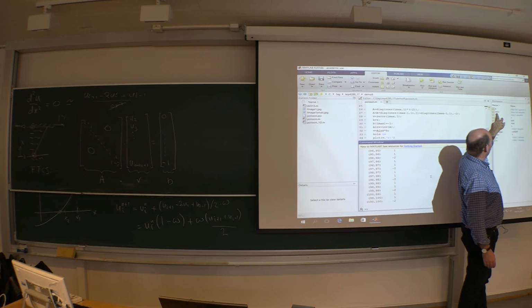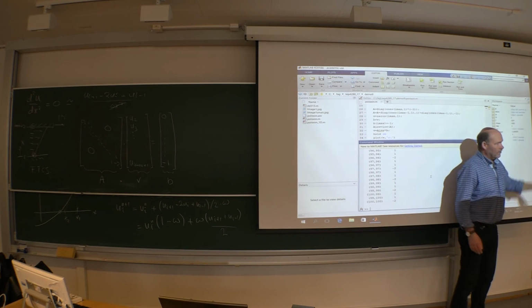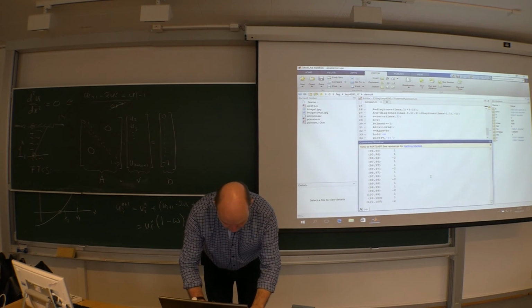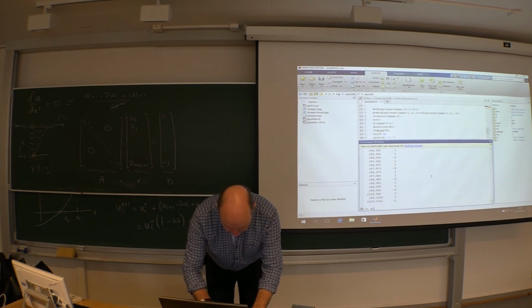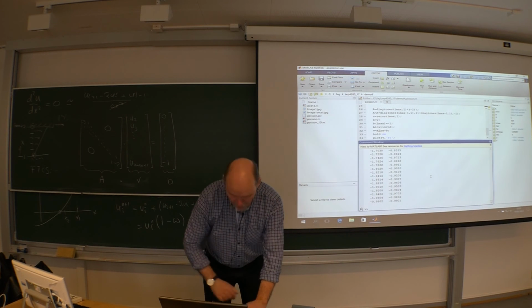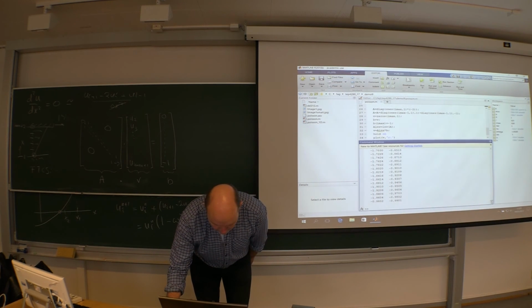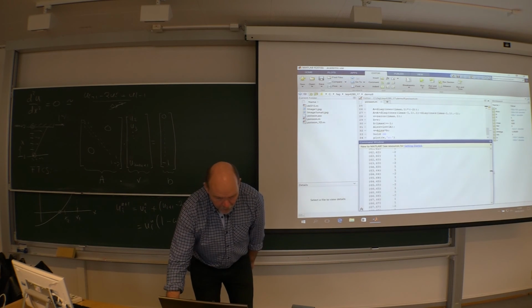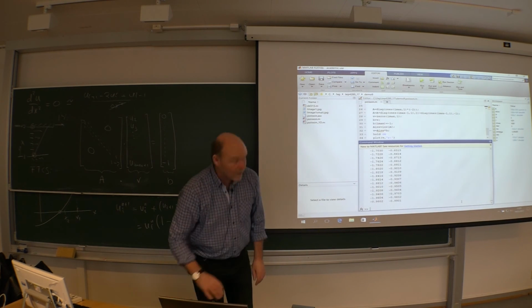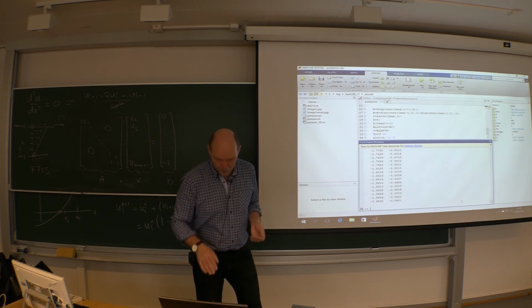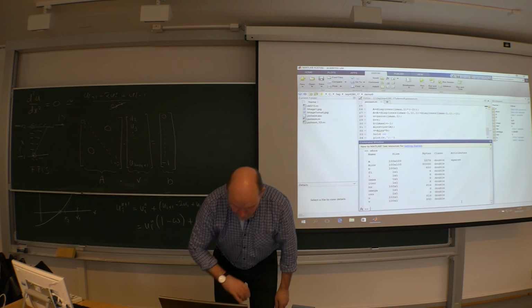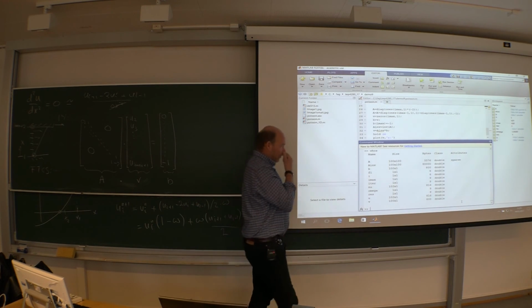The sad thing with this A inverse, that's a different story. It's a full matrix. If we print it out, A inverse, you see it has numbers different from 0 all over the place. So there you can't cheat, you can't use smaller memory. If you write whos, you see my point.